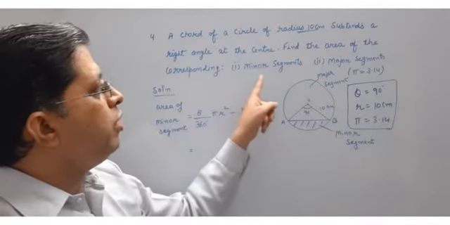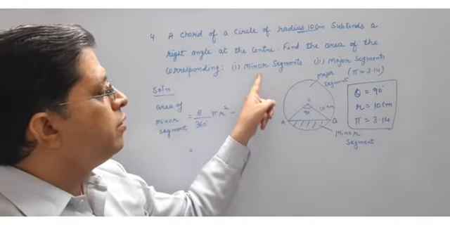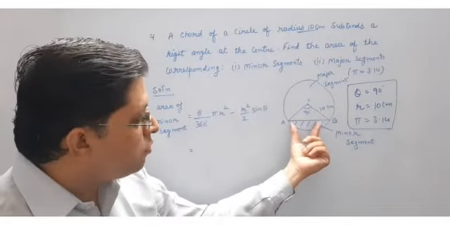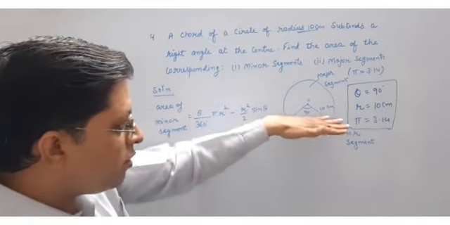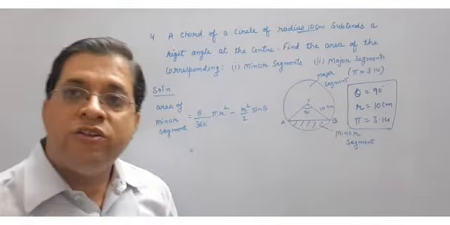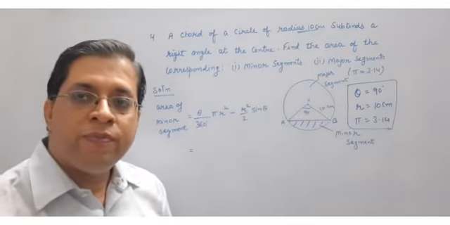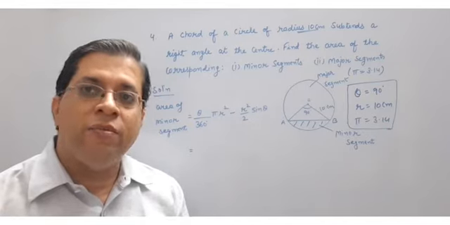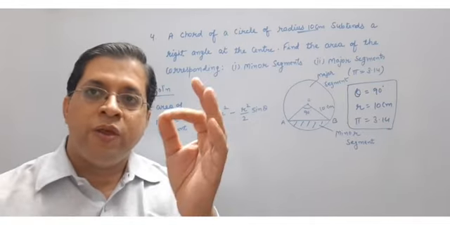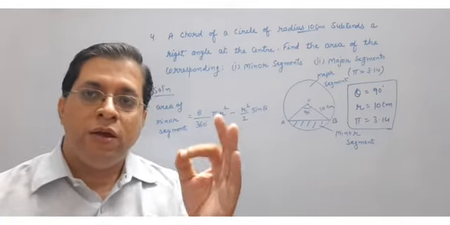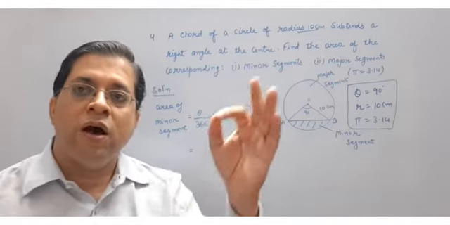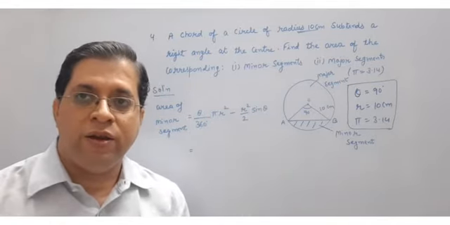Find the area of corresponding minor segment. Minor segment means what? This is the segment. Minor segment is the lower, shaded part, and this is your major segment, the unshaded part. How can we get the minor segment? We have one formula: theta upon 360 degree into pi r square minus r square by 2 into sin theta.